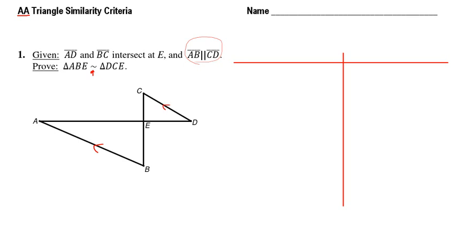And what can we get with those parallel lines? Giovanna, any idea? What can we get from those two parallel lines? Remember that we're trying to get two pairs of congruent angles.